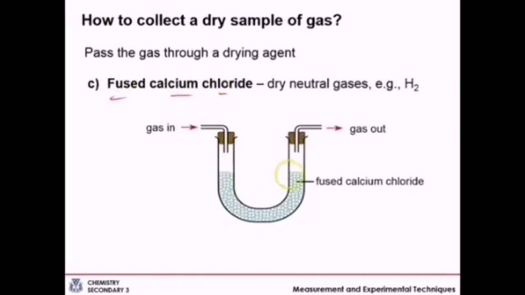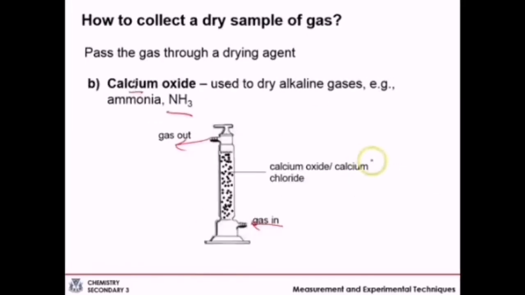The third thing that we use is fused calcium chloride. It is used for drying neutral gases only. Sulfuric acid is used for neutral and acidic gases. Calcium oxide is used for both neutral and alkaline gases, and fused calcium chloride is used for drying neutral gases like hydrogen. Then, how to collect a dry gas, for example?